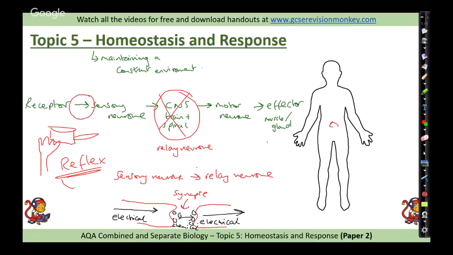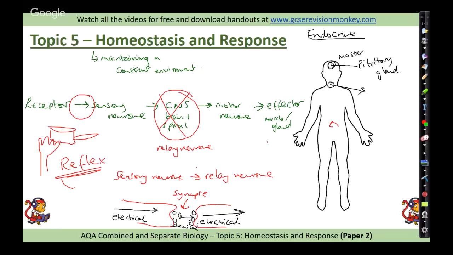As part of homeostasis and response as well, you need to know about the endocrine system, which is all the glands that are in your body. The master gland turns on and off various other glands in your body, and that is based in your head, and it is called the pituitary gland. The next one down is in your throat.